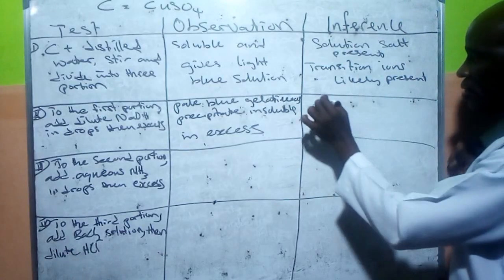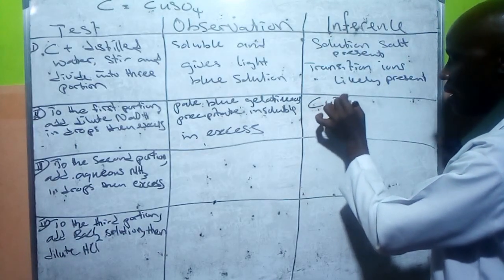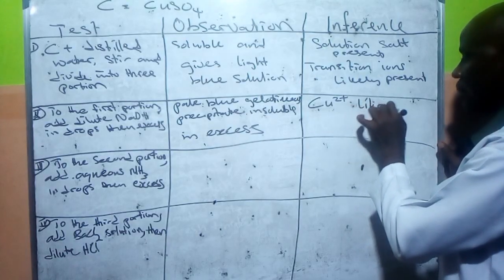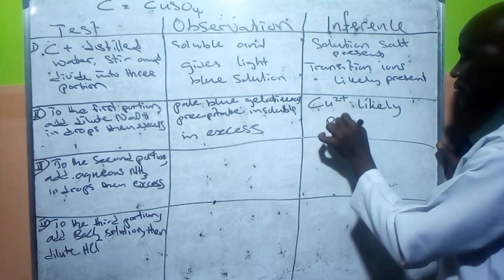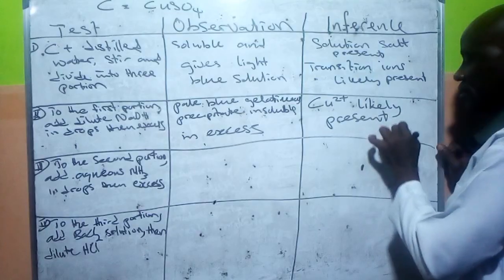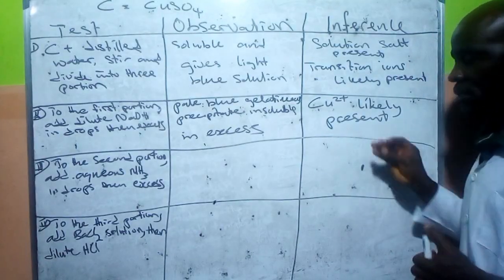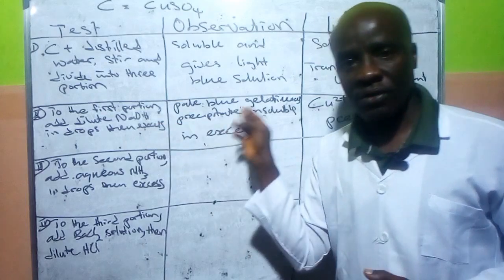So what we have here is what? Copper 2 ion likely present. So this is the ion that can likely give you this kind of thing.